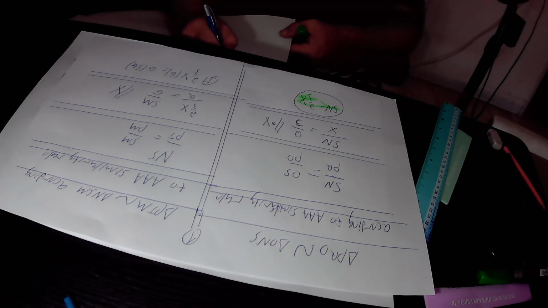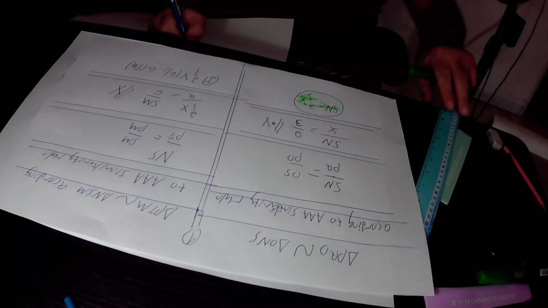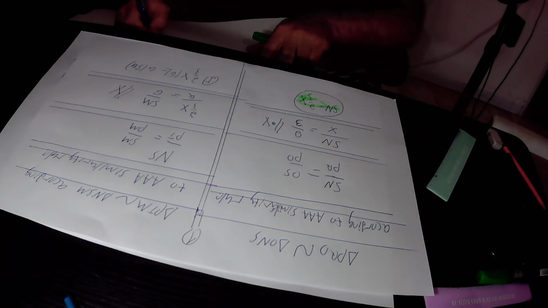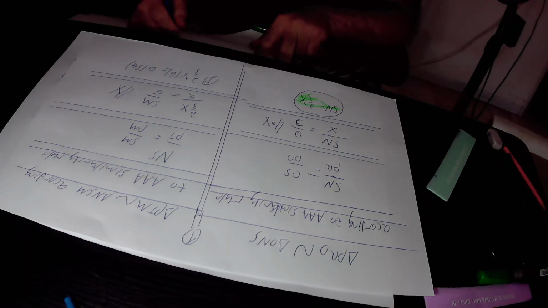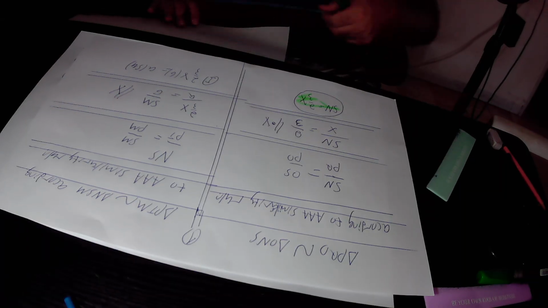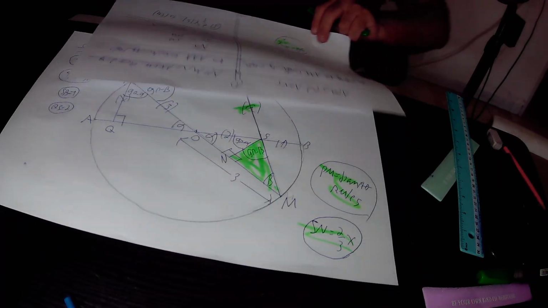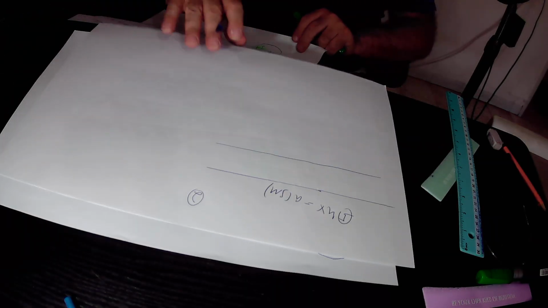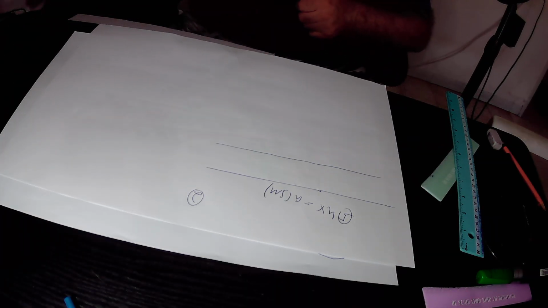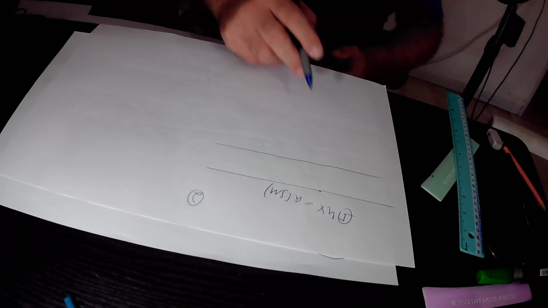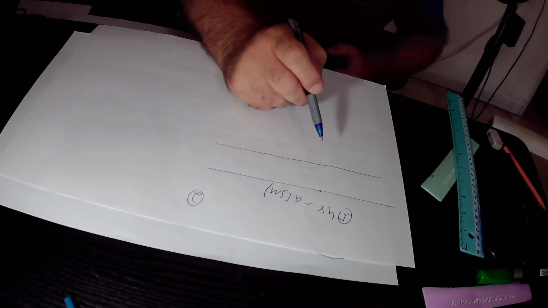So according to equation 1, 4x equals A SM.